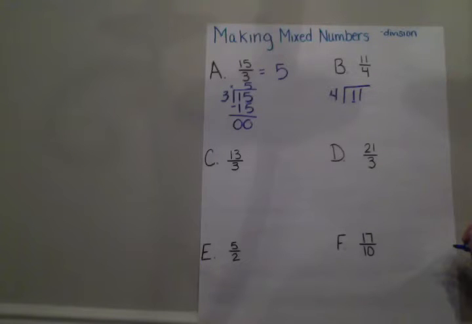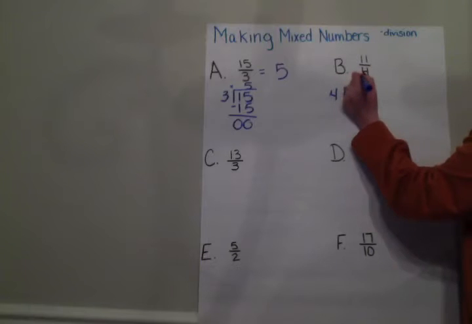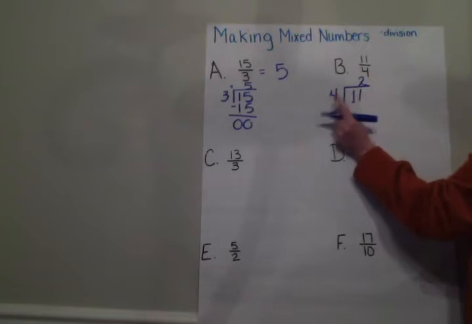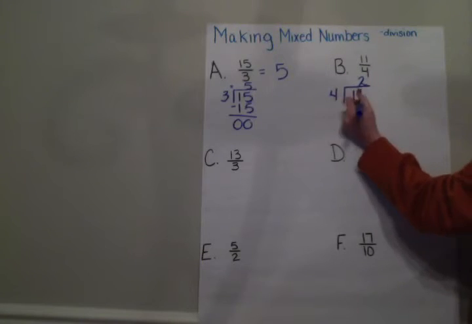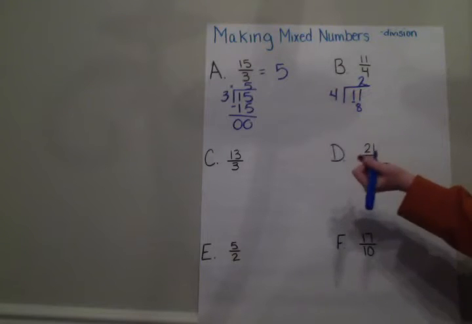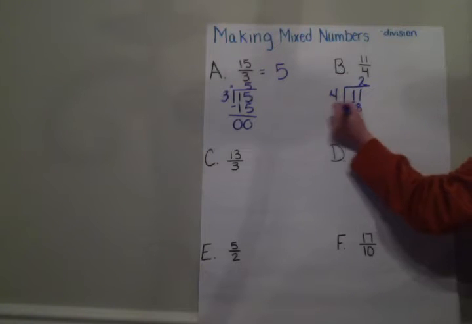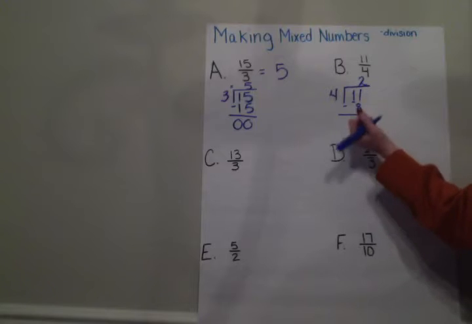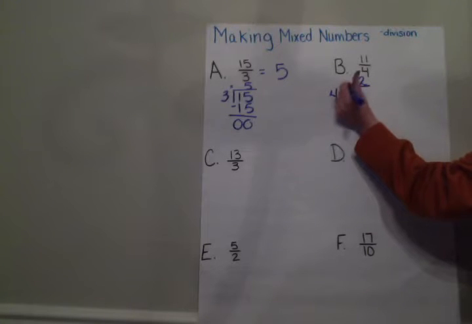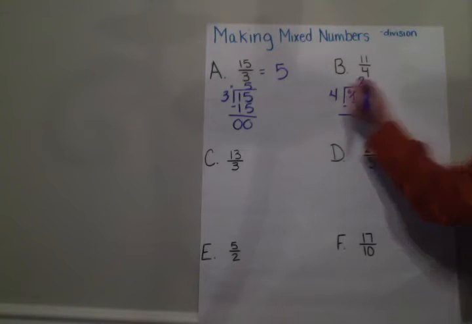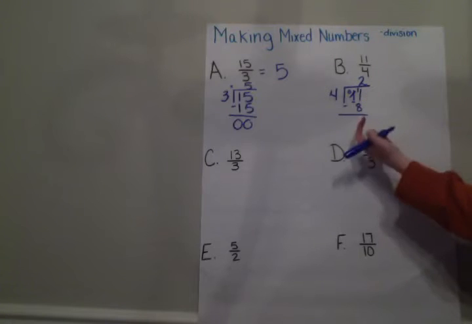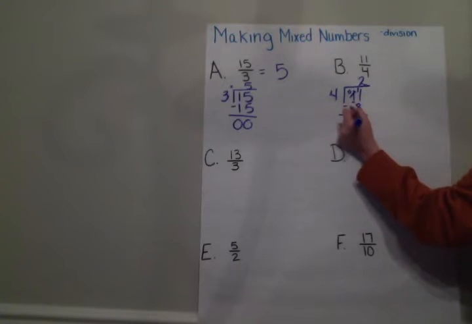Well, if I do 2, 4 times 2 is 8. Now I'm going to subtract. I can't take 8 from 1, so I got to borrow. 11 minus 8 is 3.